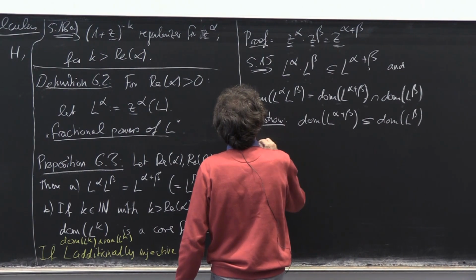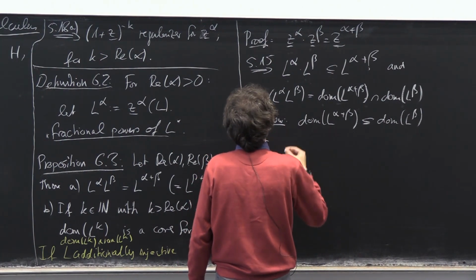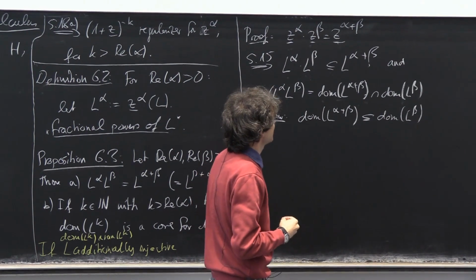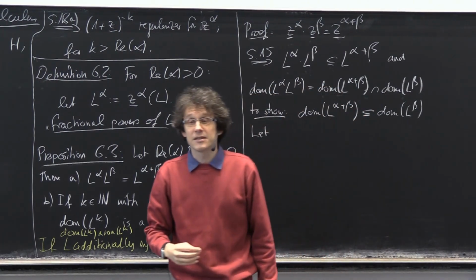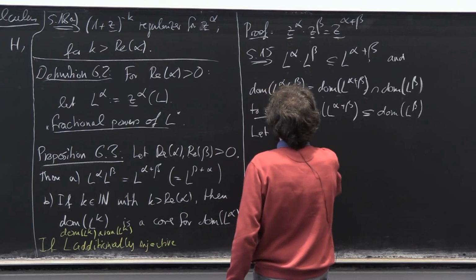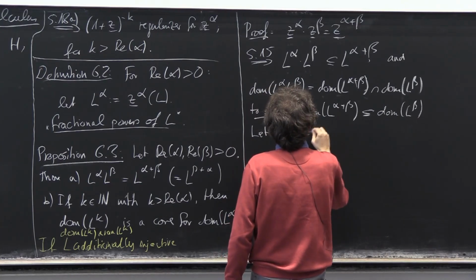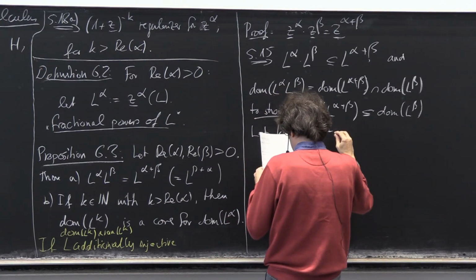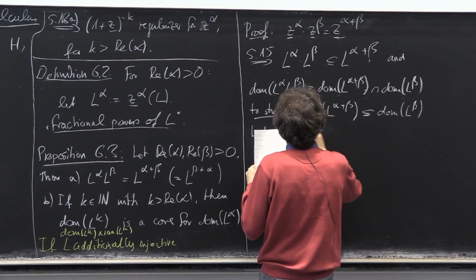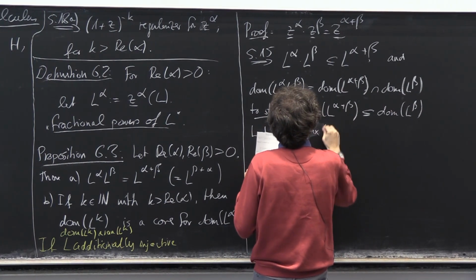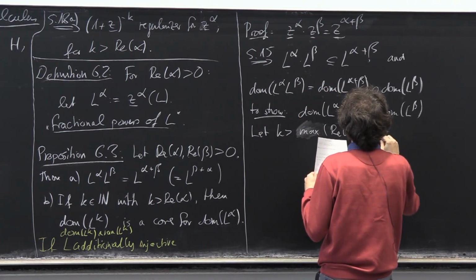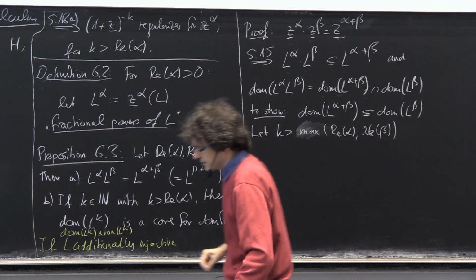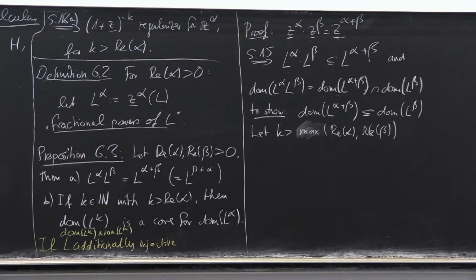And to do this, we take some regularizing function that regularizes all three of these operators at the same time, and we get this by choosing a k that is bigger than the real part of alpha and the real part of beta. I don't know, this is not one that regularizes all three, it's one that regularizes the powers with alpha and beta at the same time. Okay, but I take a k that is larger than both real parts.